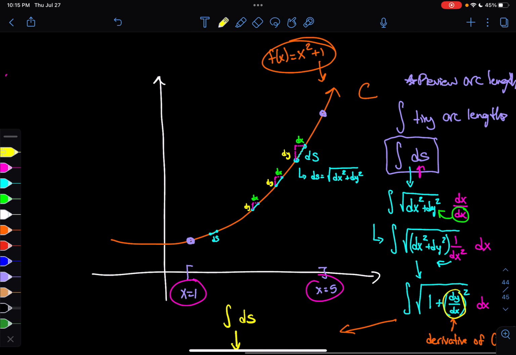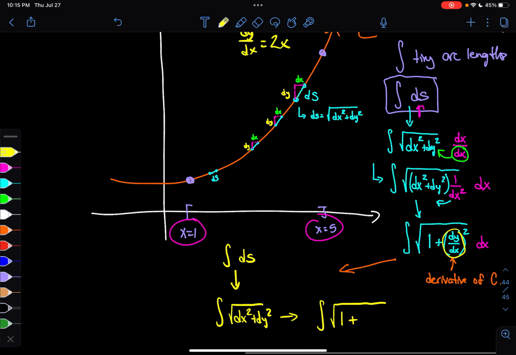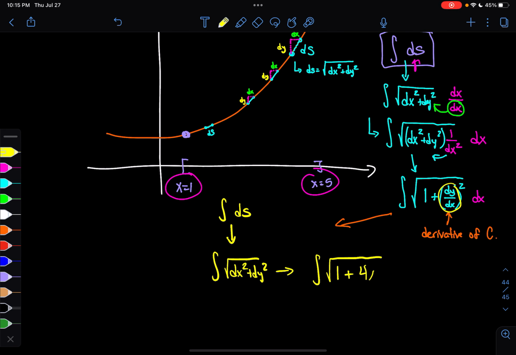And for us, what is the derivative of this function? Well, it's just 2x. So if we square that, we're going to get 4x squared. So we get 4x squared with a dx on the outside. And our bounds, of course, go from x equals 1 to x equals 5.